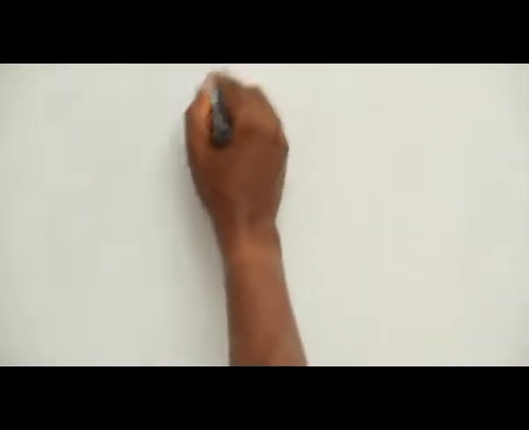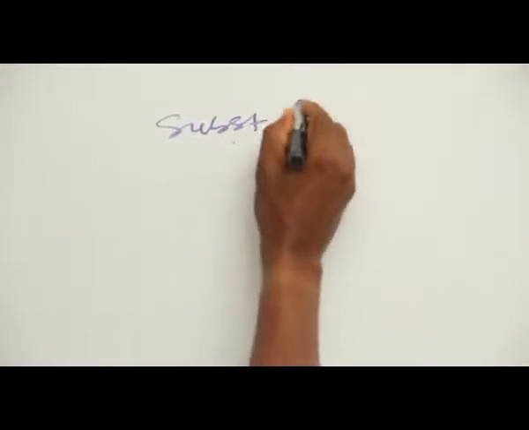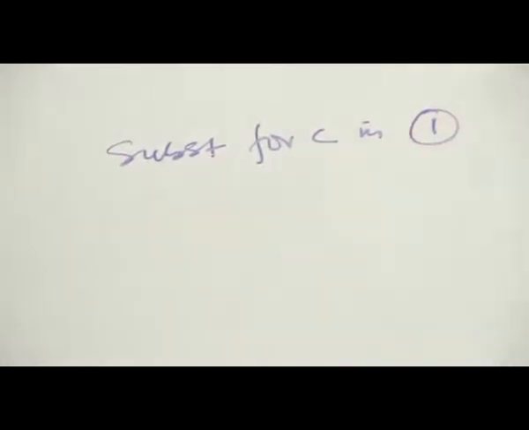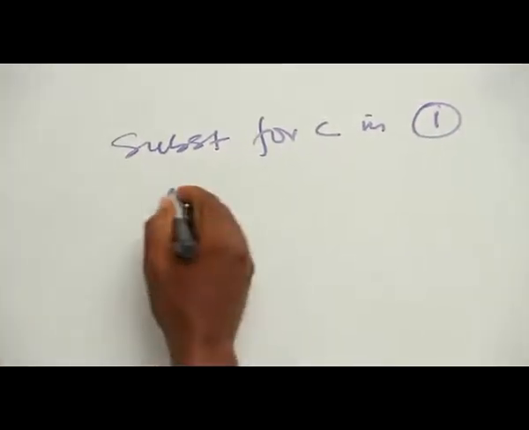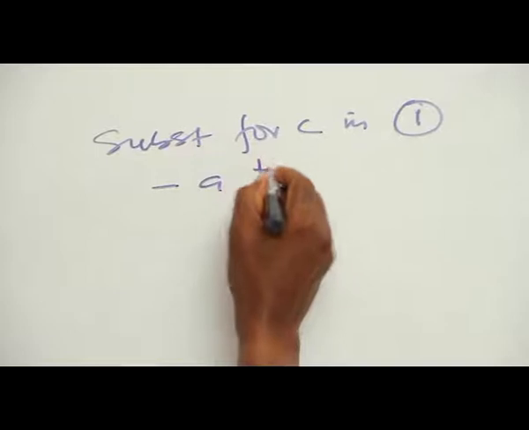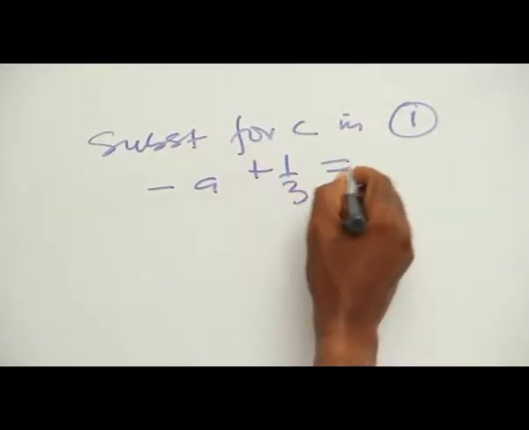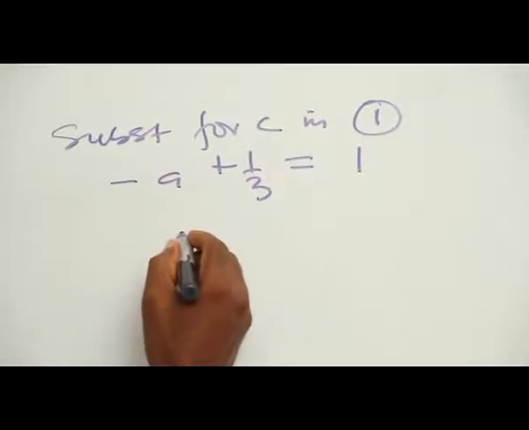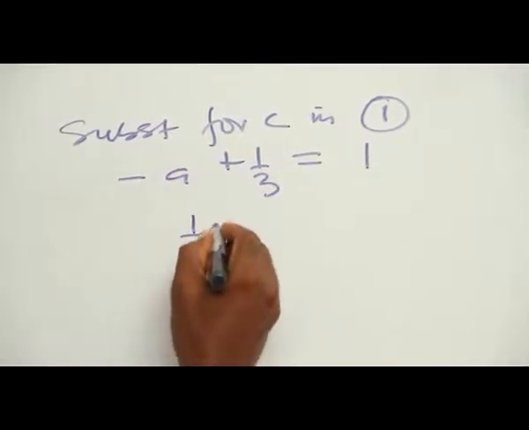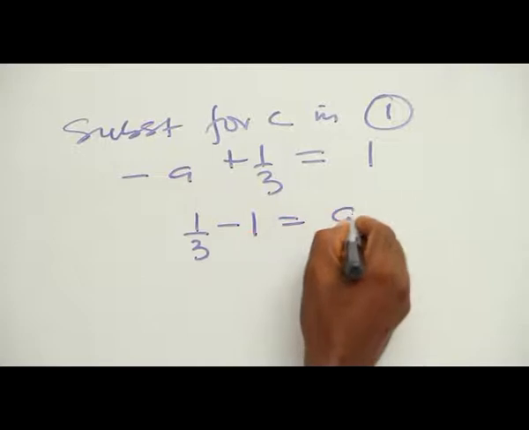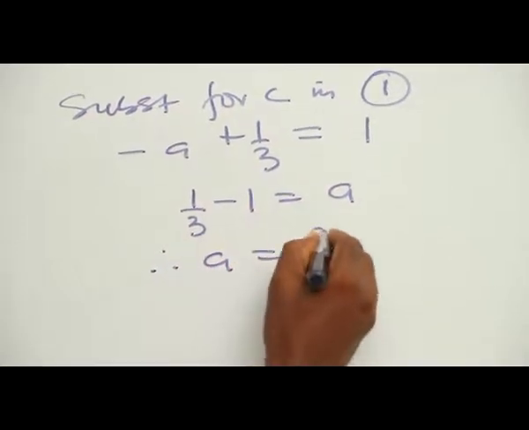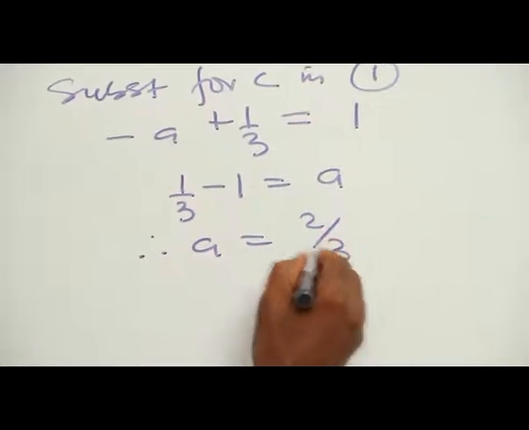Then from there, substitute for C in equation 1, where you have minus A plus your C, which is 1 over 3, is equal to 1. Giving us 1 over 3 minus 1 is equal to A. Therefore, your A is equal to negative 2 over 3.